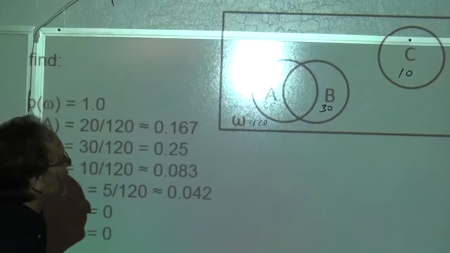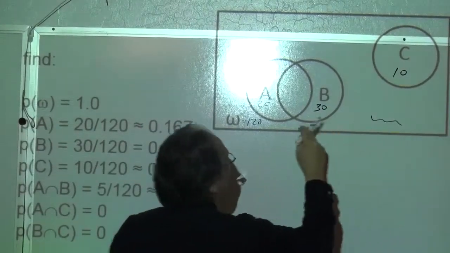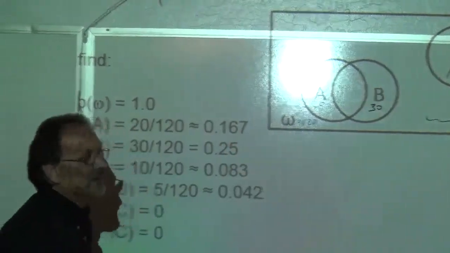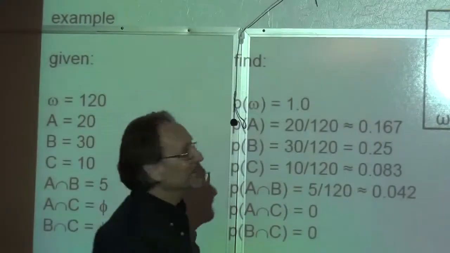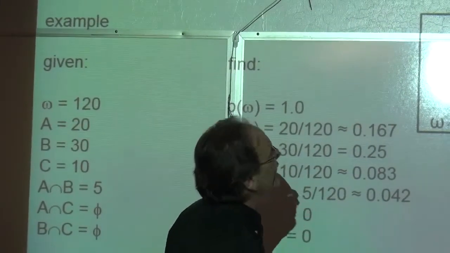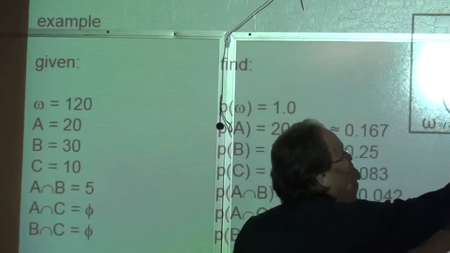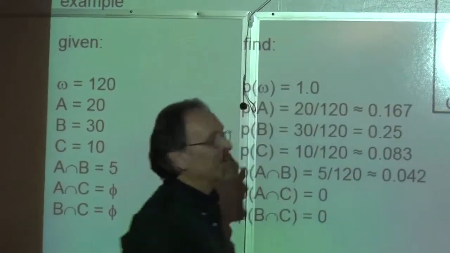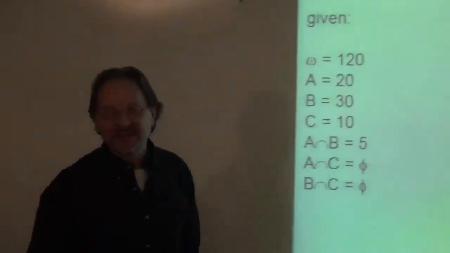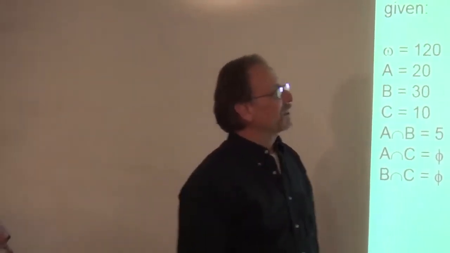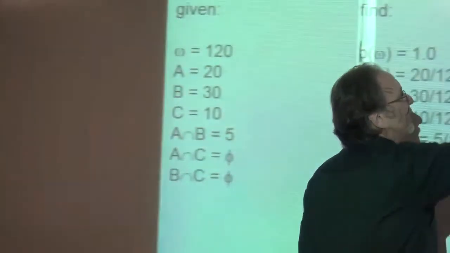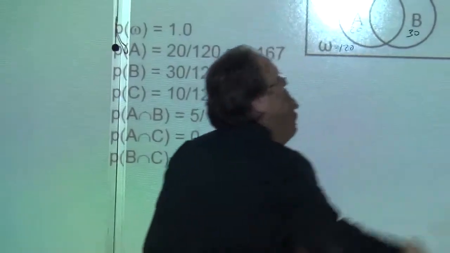So that means that there's things out here, because I have only 60 things that are inside of a set. There's 20 here, 30 here, and 10 here. 60 items that are inside of some set. And there's another 60 that are out here, outside of any of the sets.